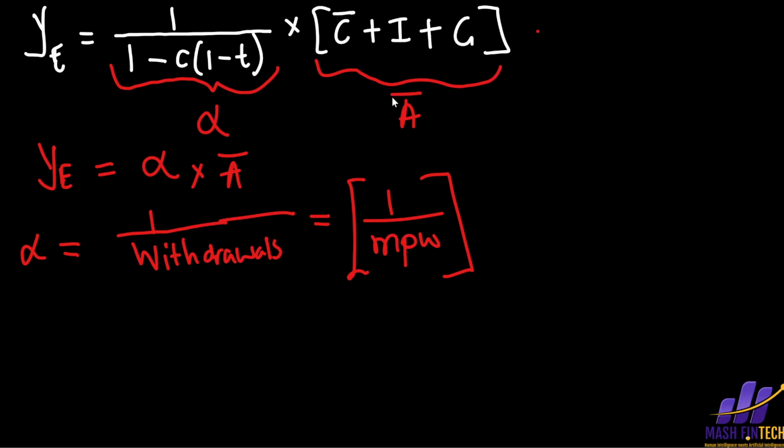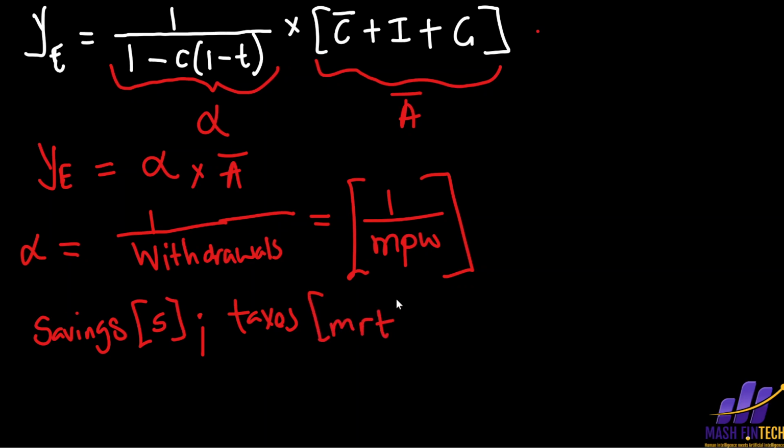With the three sectors that we have, our withdrawals are savings. Savings are withdrawals, so we use the marginal propensity to save. And taxes are withdrawals, so we use the marginal rate of taxation.